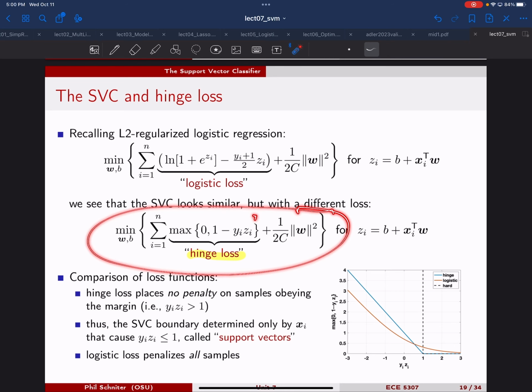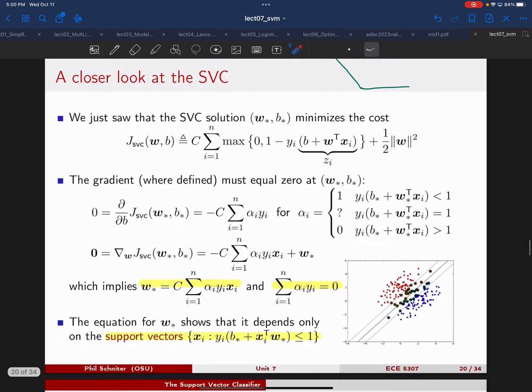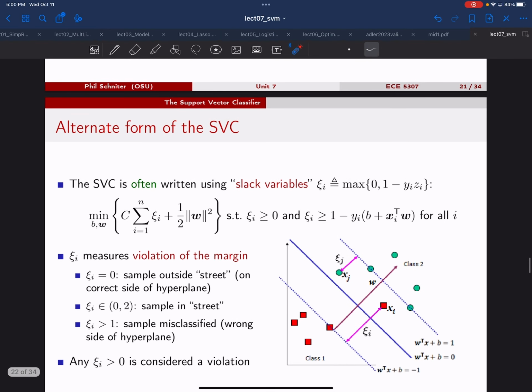They essentially replace this with a number they write as xi. They're called slack variables. Okay, so this is exactly our SVC loss written in terms of the slack variables.